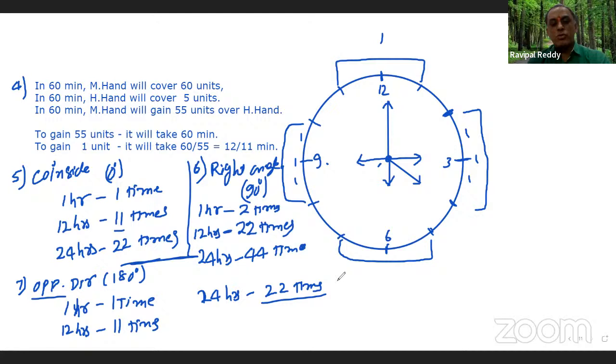I will clear your doubt. No doubt? Shall I start the examples, questions?